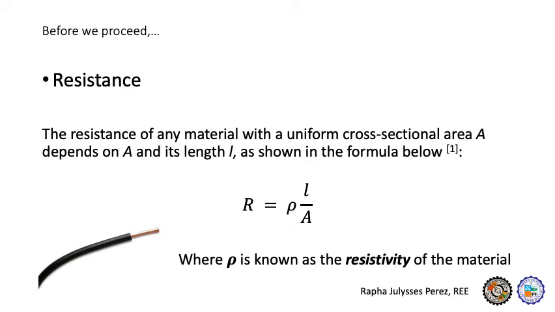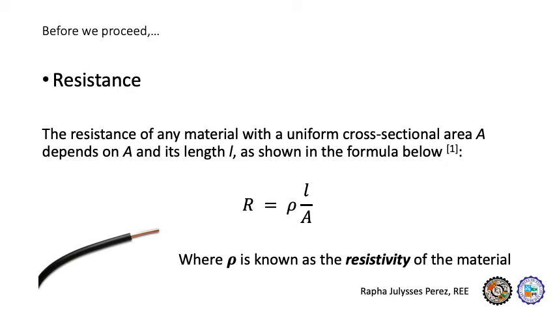But resistance is inversely proportional to the cross-sectional area A. Now, for example, if we look at this electrical wire, as shown in this image here, as we increase the length of this wire, the resistance of this material also increases. And if we increase the cross-sectional area, like say the thickness of the wire, the resistance decreases.